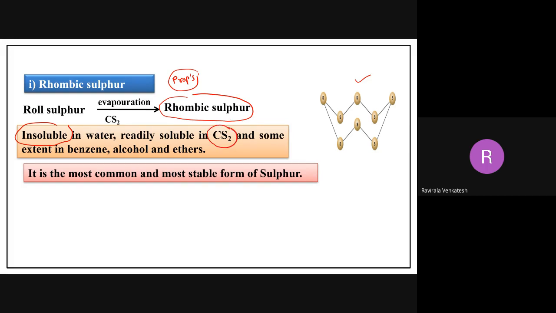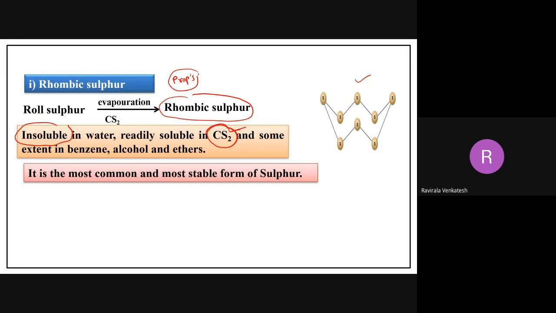So in this case you can easily identify the rhombic sulfur because it is insoluble in water and soluble in CS2. Therefore, definitely you can easily identify it by using this method. This is a method of identification of the rhombic sulfur.